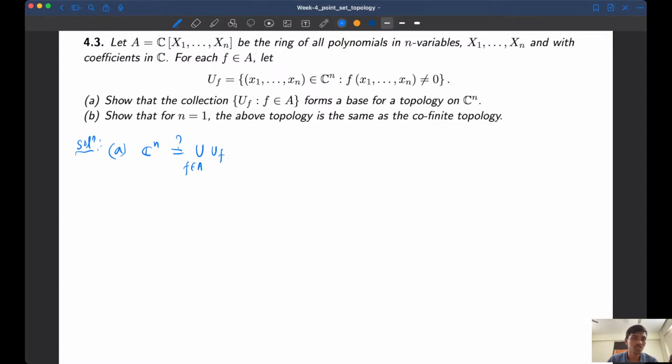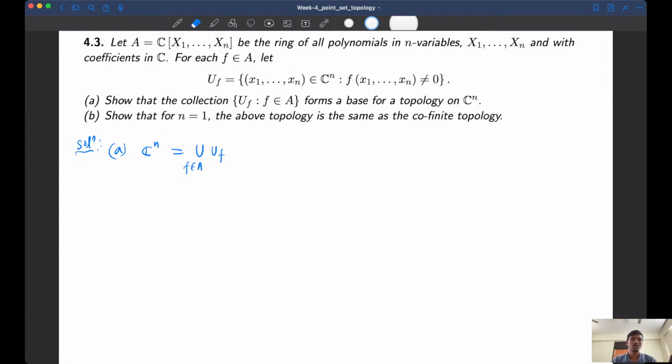So can you guarantee this? The union is always contained in Cn, that's clear. Can you show that if I pick any point from Cn, then it is contained in some Uf? Yeah, I think we can just shift the polynomial by the same complex number. Okay, so shift by that, but you have to fix some polynomial, right?